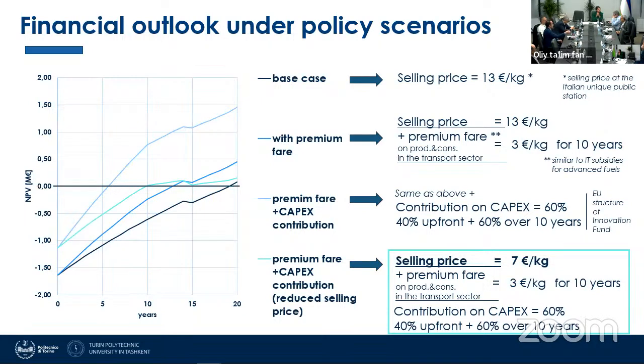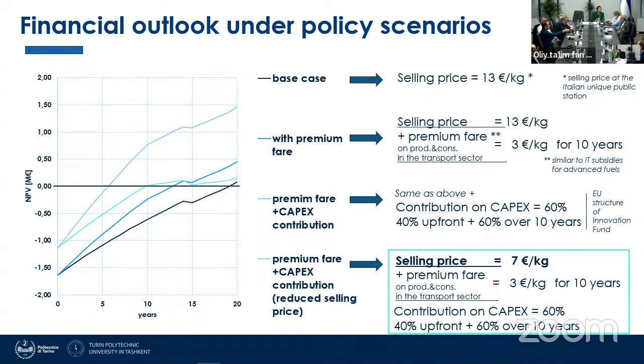Then we introduce a premium fare that is available in the European market for advanced green fuel. For example, in Italy today we have around 2.15 euro per kilogram for hydrogen production. Here we estimated 3 euro per kilogram, just to show how a business of this kind could change by having this policy supporting scheme.